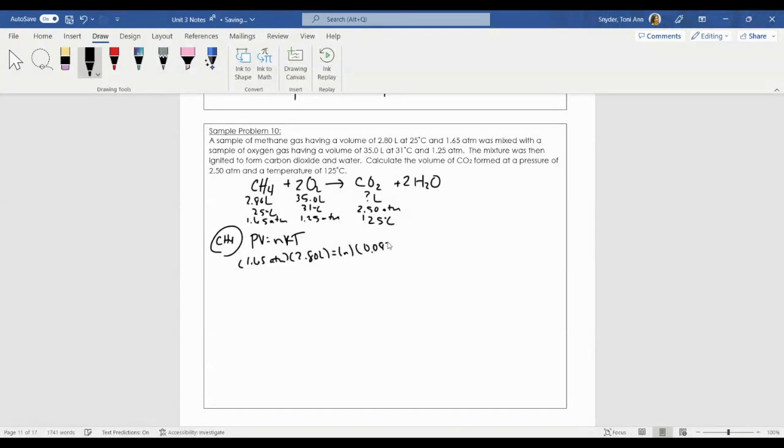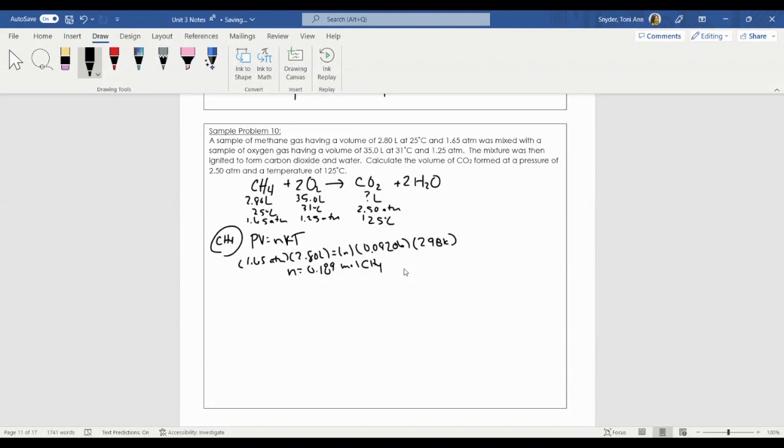R is 0.08206. Temperature, so 25 plus 273 gives me 298 Kelvin. And when I solve for that, you should get 0.189, and that is moles of methane. So at those conditions, we would have input 0.189 moles of methane.